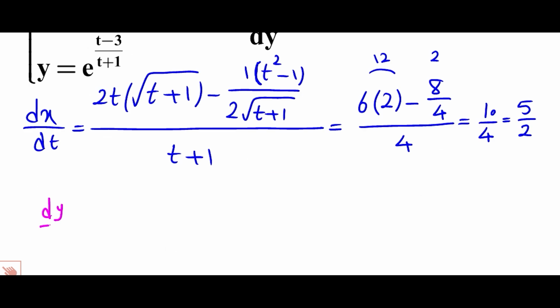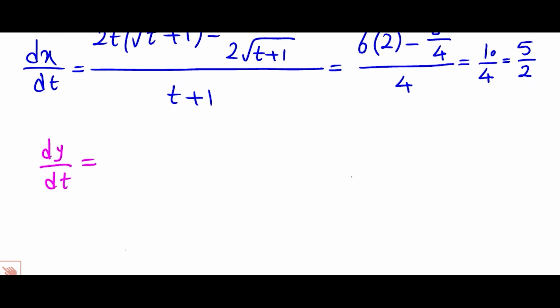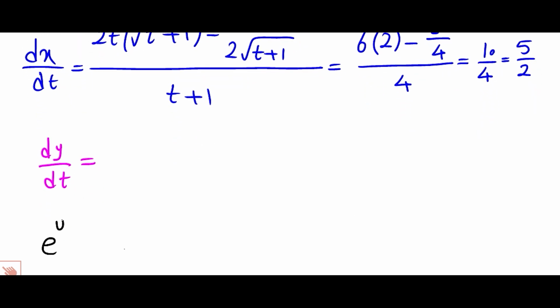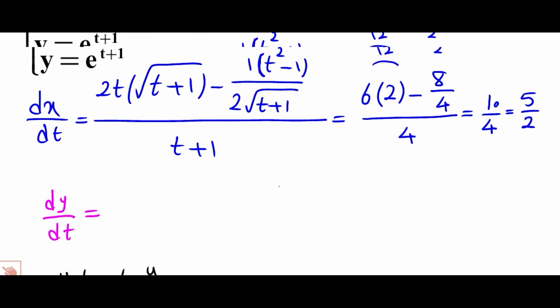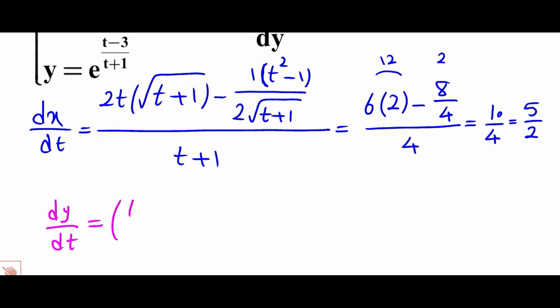Now dy/dt is the derivative of y with respect to t, e to the (t minus 3) over (t plus 1). As you know, the derivative of e to the u is u' times e to the u. So we have the derivative of (t minus 3) over (t plus 1), times e to the (t minus 3) over (t plus 1).